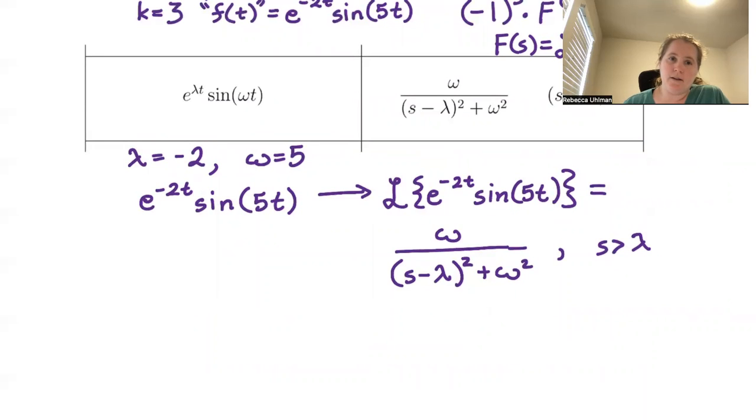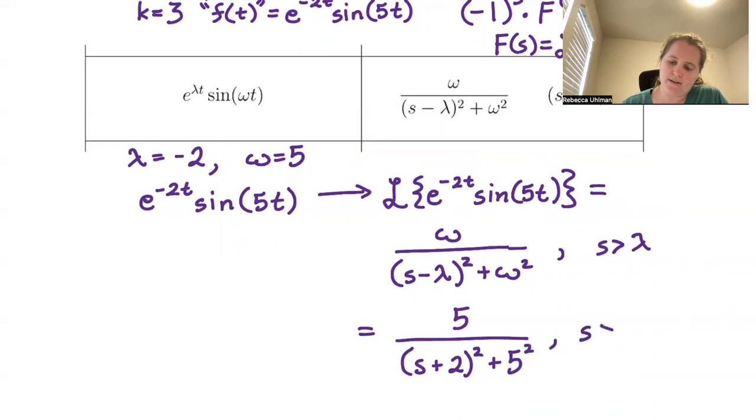Here, again, lambda was negative 2, our omega was 5. So we are looking at 5 divided by s minus negative 2, or s plus 2 squared plus 5 squared, looking at s greater than negative 2.